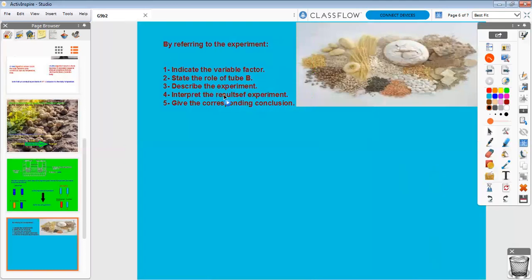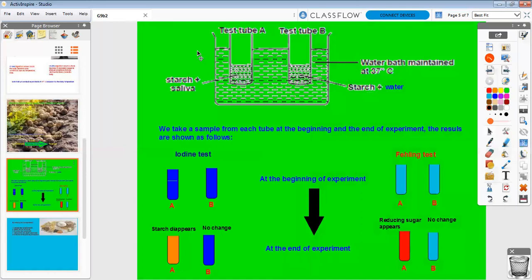Number 3, describe the experiment. To describe the experiment, we should use some keywords. We take two test tubes, A and B. We put in each one of them an amount of starch.